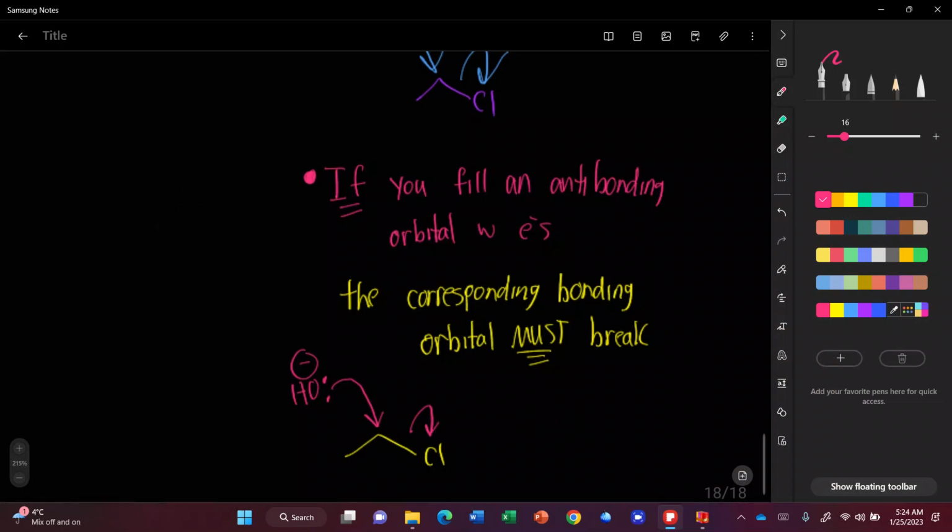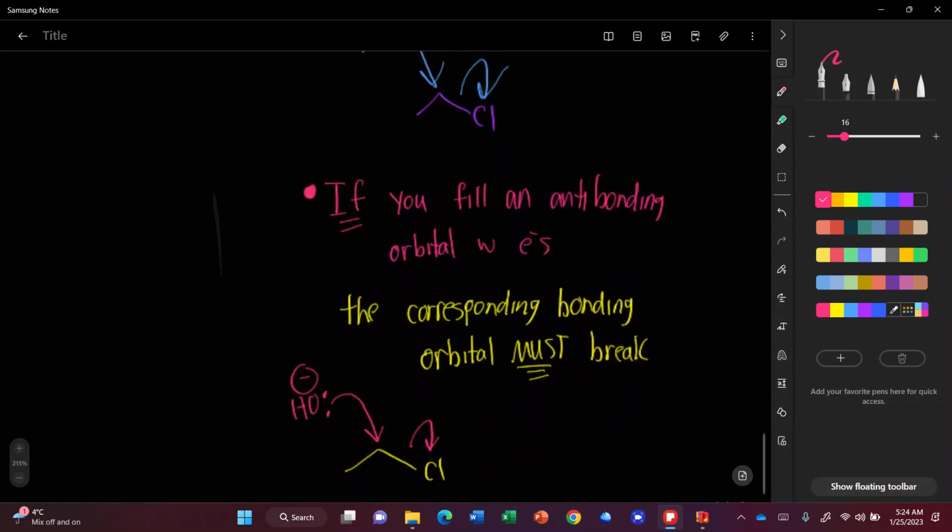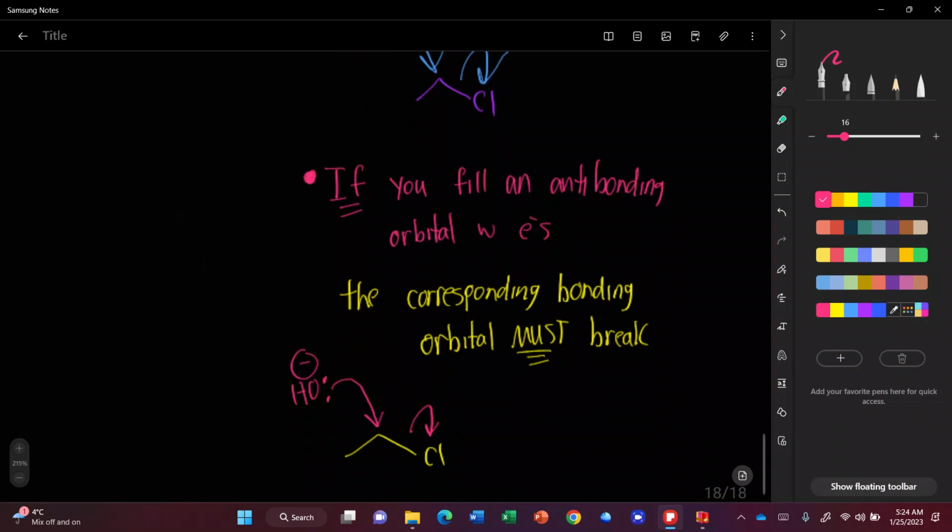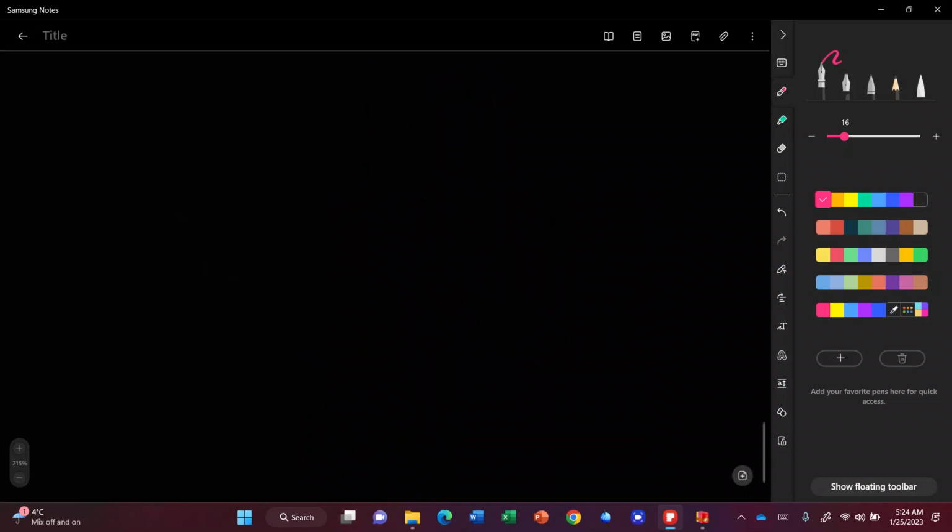That is a fundamental principle of quantum mechanics. You cannot have both a bonding orbital and an antibonding orbital that both have electrons in them. That doesn't work. So the moment you start filling an antibonding orbital, you must actually break the corresponding bonding orbital. It's very important that you know that. So we're doing good.